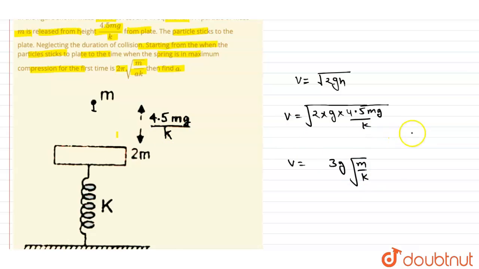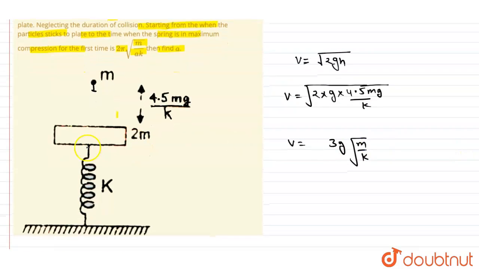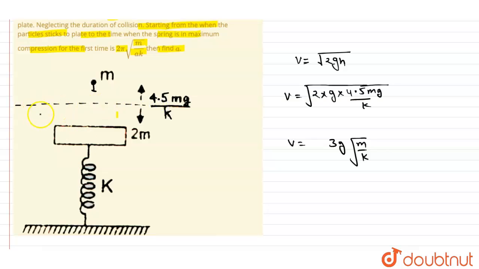Now basically what happened here, let us consider the equilibrium position for the spring also. So let's say this is the equilibrium position at which the spring is at its natural length. Understood my point?